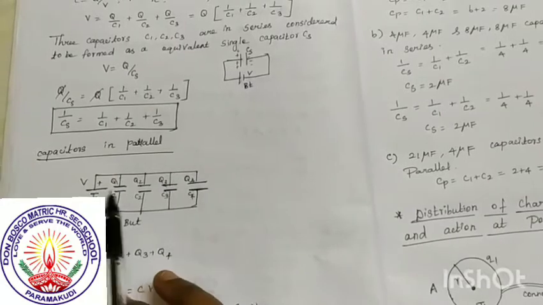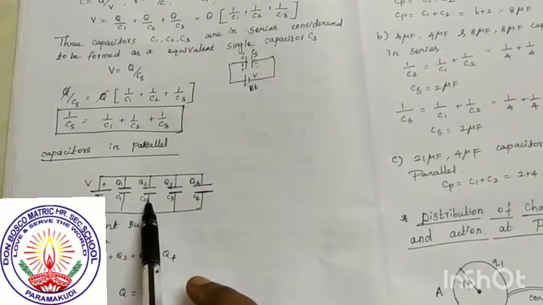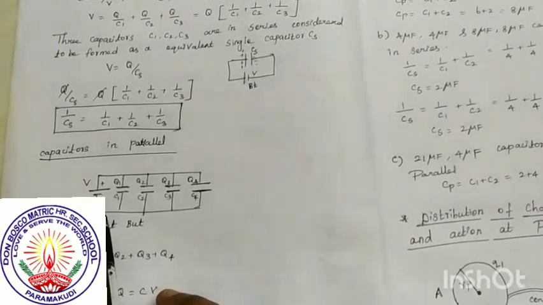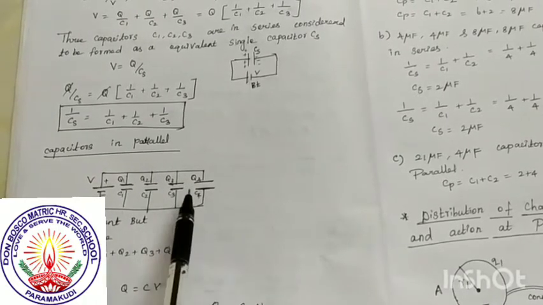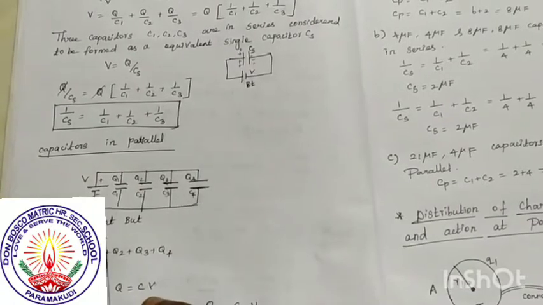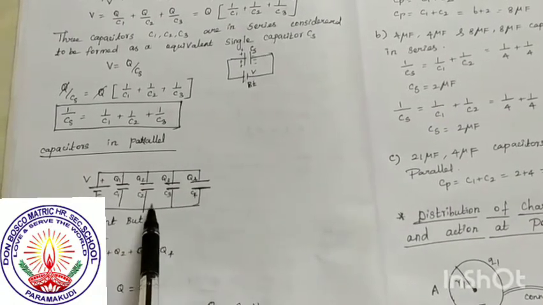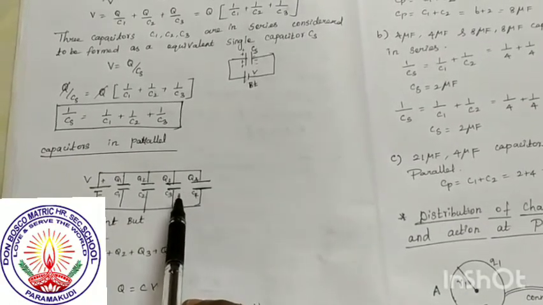So these 4 capacitors are connected in parallel with a battery of voltage V. The capacitors are connected to the same positive and negative terminals of the battery. The voltage across each capacitor is equal to the battery voltage.